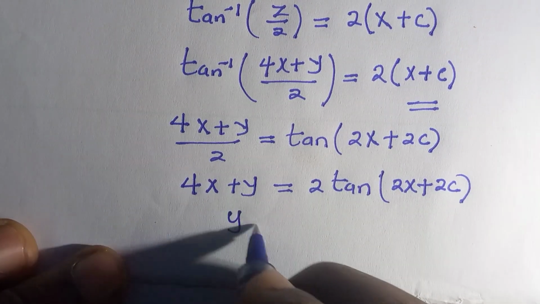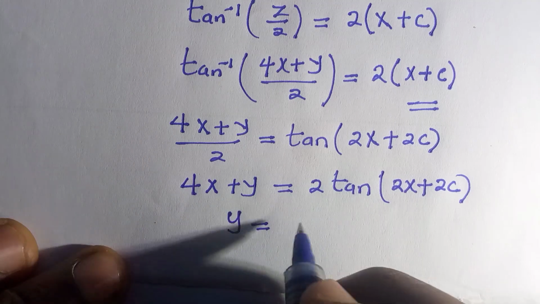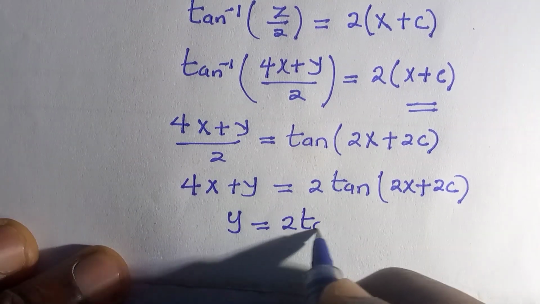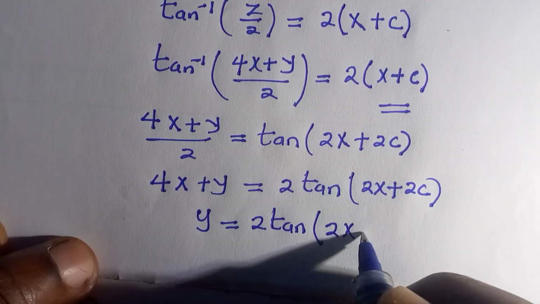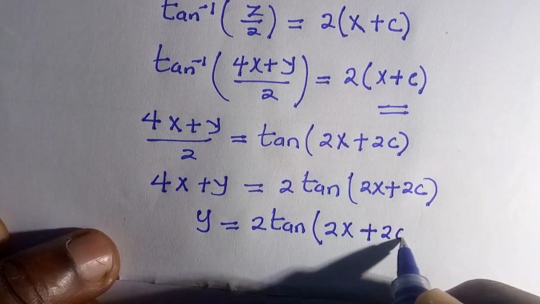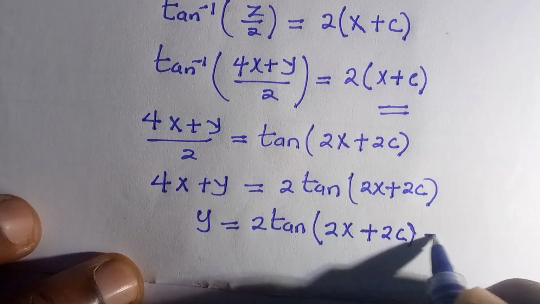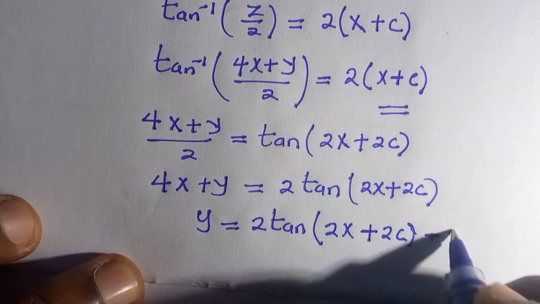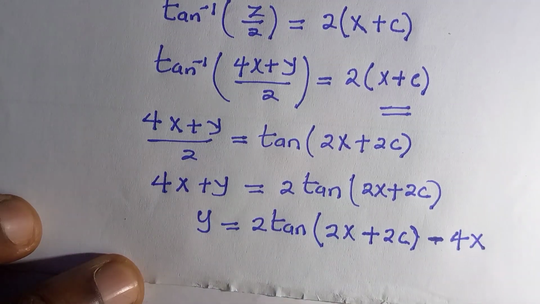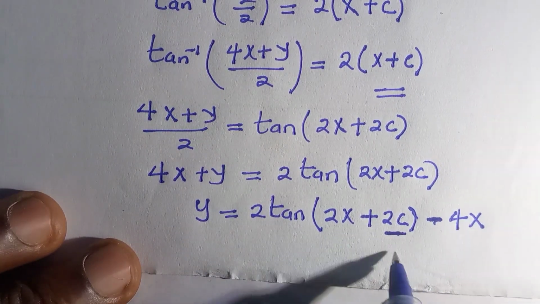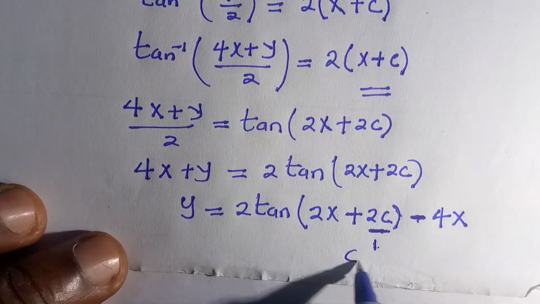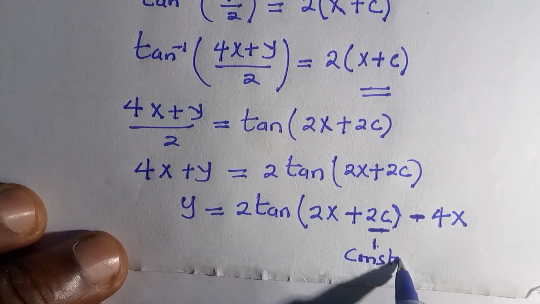If we make y the subject of the formula, we transfer 4x to that side with negative, and here we have y equals 2 tan bracket 2x plus 2c, then minus 4x. But here, if you have this 2c, 2 is a constant and c is a constant, so I can let all this be a certain constant.